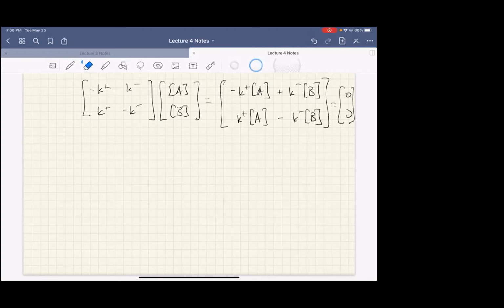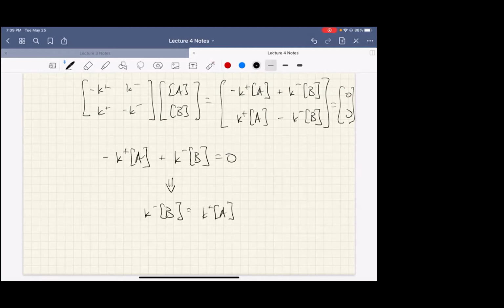So if I take the top part of the solution first, I have to have minus K plus A plus K minus B equals 0, which means K minus B is equal to K plus A, or concentrations of A and B are related as follows.